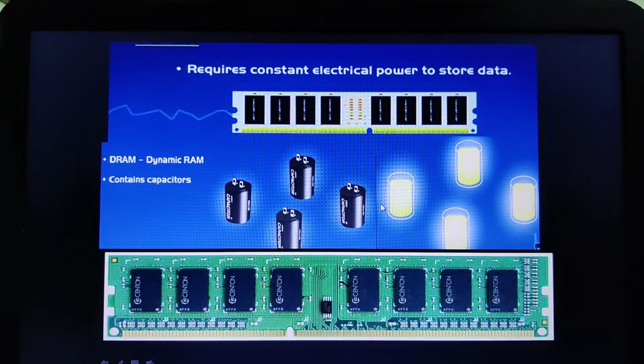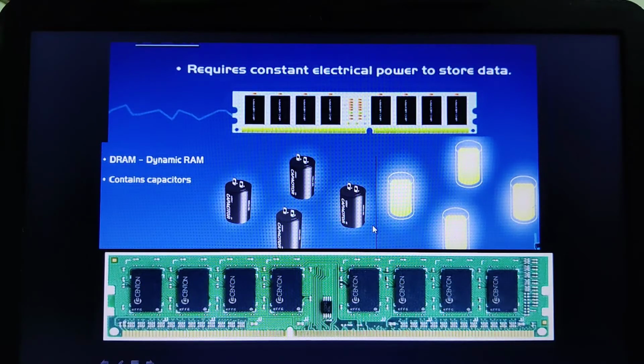We need not refresh it manually; internally the refreshing happens automatically. Because of this refreshing, dynamic random access memory is slower in data transfer rate, but it is much less expensive and consumes very little power also.